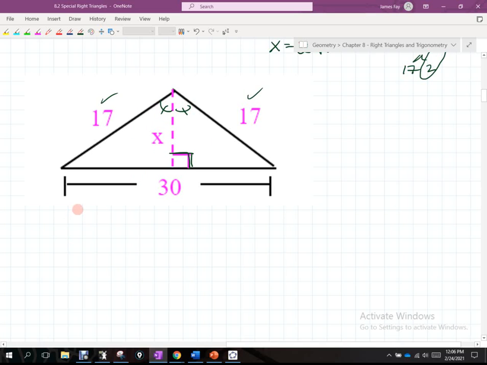But what makes this problem doable is that it also bisects the 30 down here. It bisects the base, so that distance and that distance are the same. So what does that produce for me? It produces two right triangles. That one has a 17 length hypotenuse. This is x. And now what would this distance right here be?